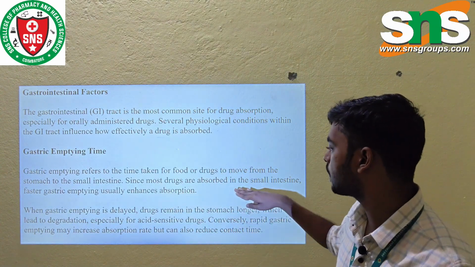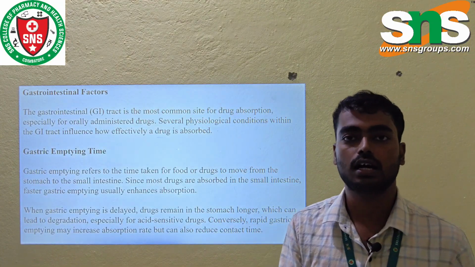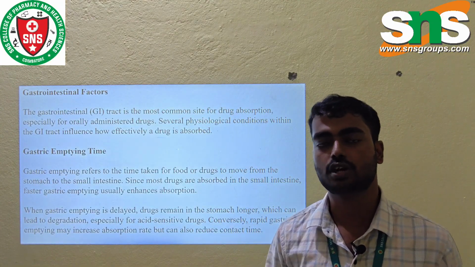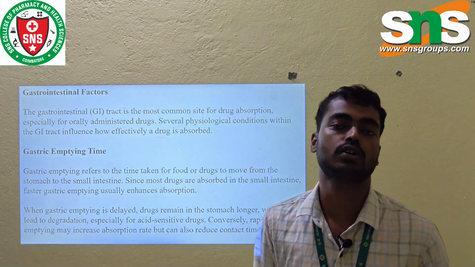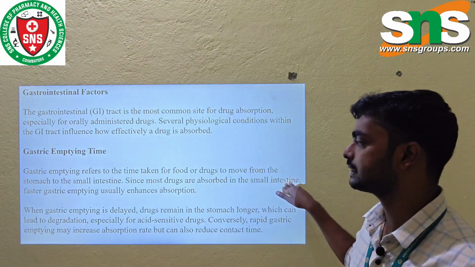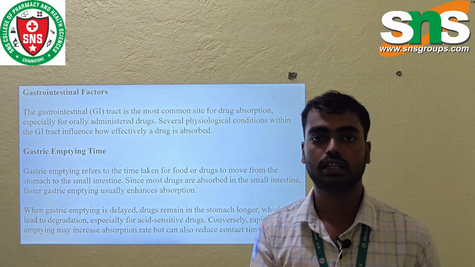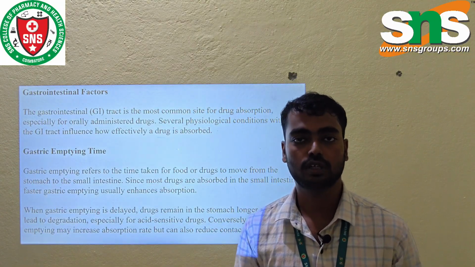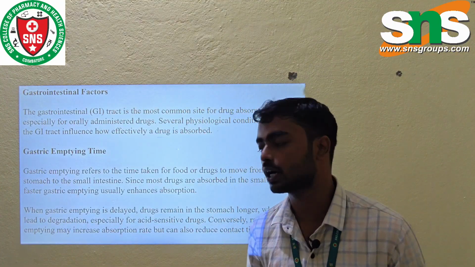Most drugs, and even the nutrients from food, are absorbed in the small intestine in the villi region. So faster gastric emptying usually enhances absorption, and a drug that empties faster from the stomach produces better absorption.